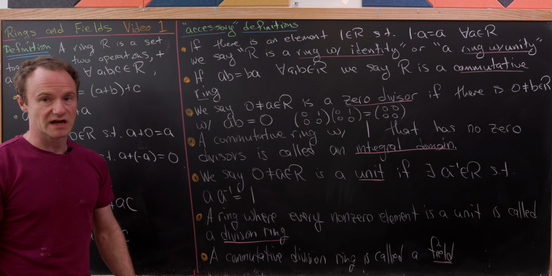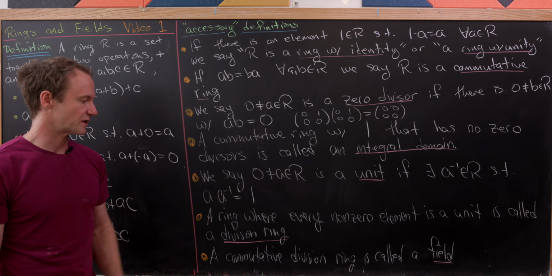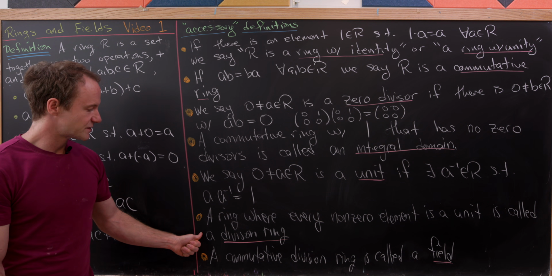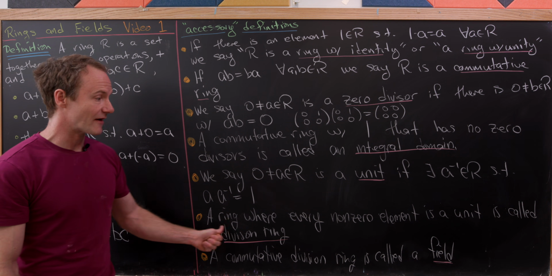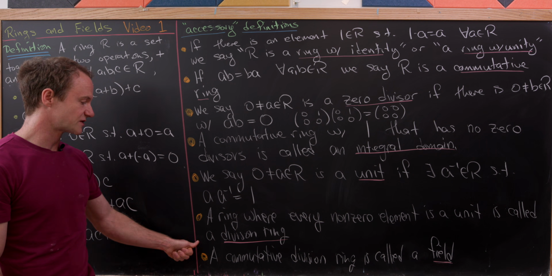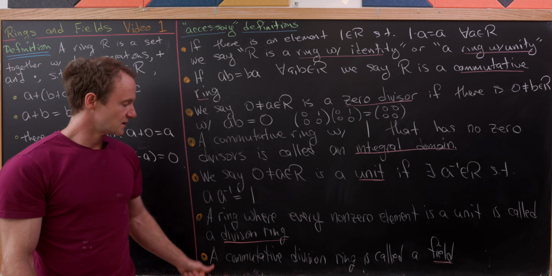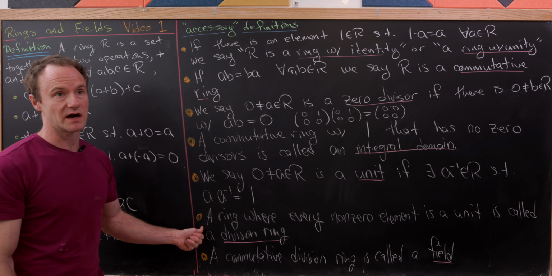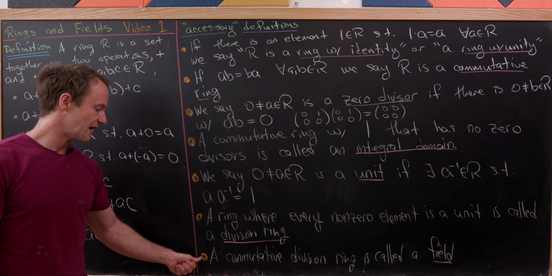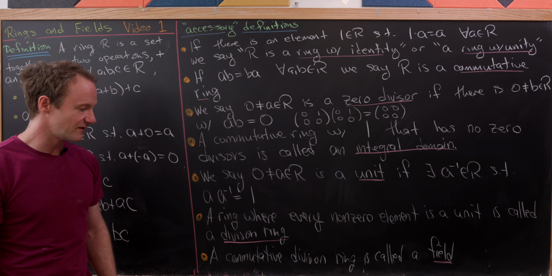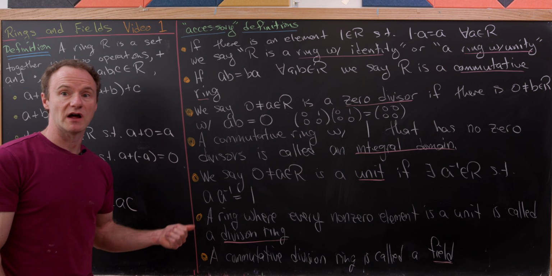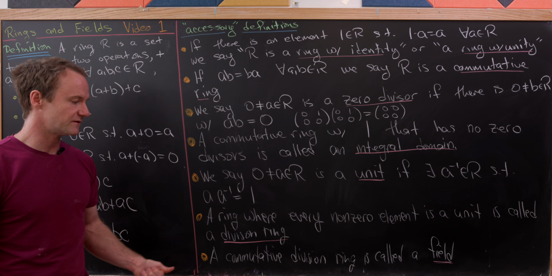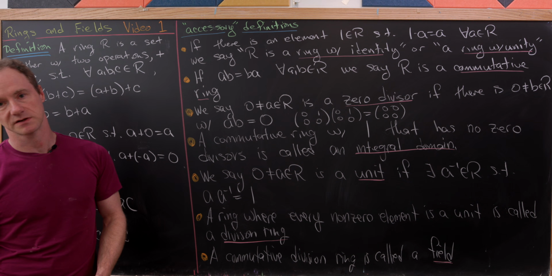You multiply those together and you get 1, the multiplicative identity. Okay, so next up, a ring where every non-zero element is a unit is called a division ring. And so this thing right here does not require us to have commutativity. If we, in addition, have commutativity, we'll have this notion of a field. So a commutative division ring is called a field.